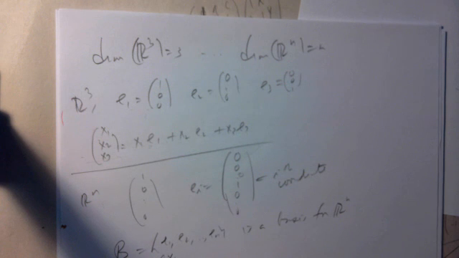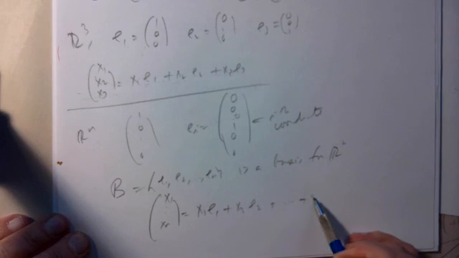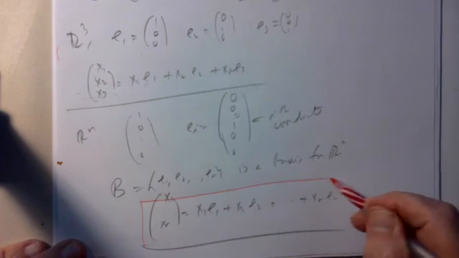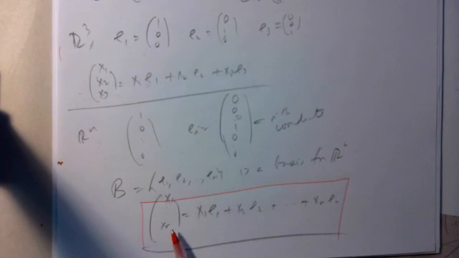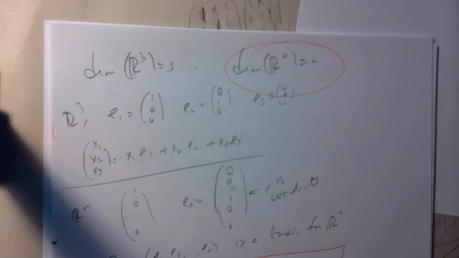Any vector (x1 through xn) is a linear combination x1 e1 plus x2 e2 up to xn en. So this formula says 2 things. It says the vectors e1 up to en generate Rn because every vector is a linear combination of them. And the only linear combination that's 0 is the one in which all the x's are 0. So this really is a basis, and the dimension of Rn is equal to n.